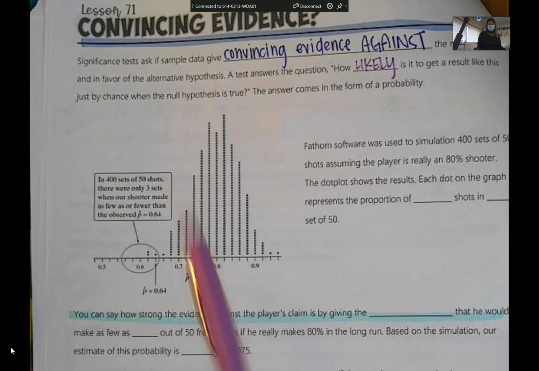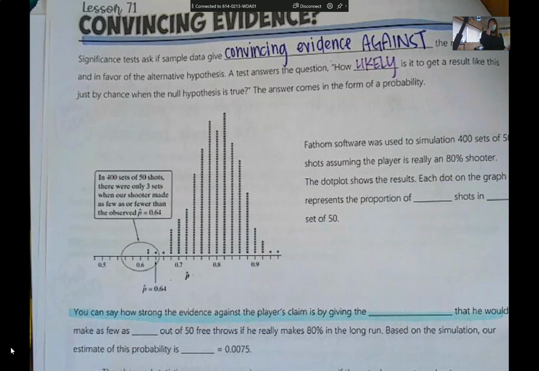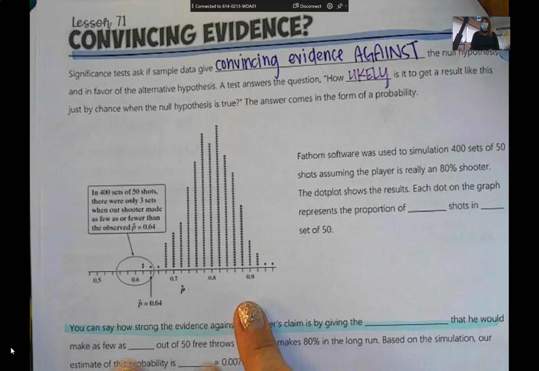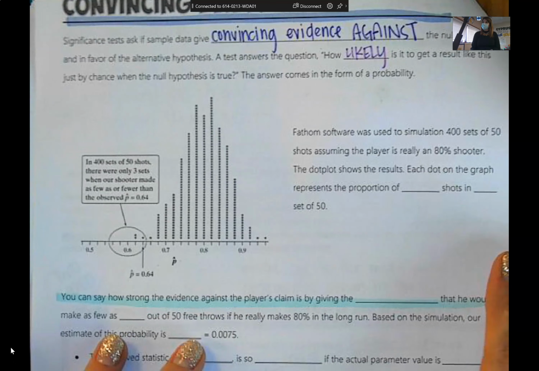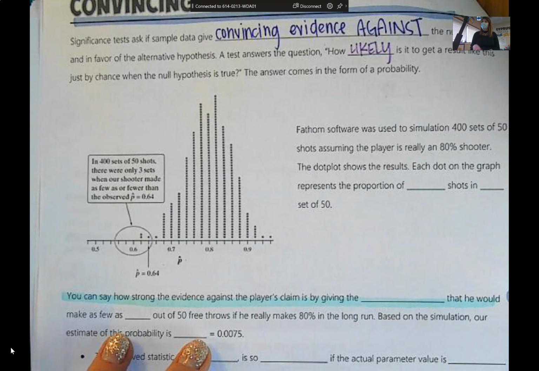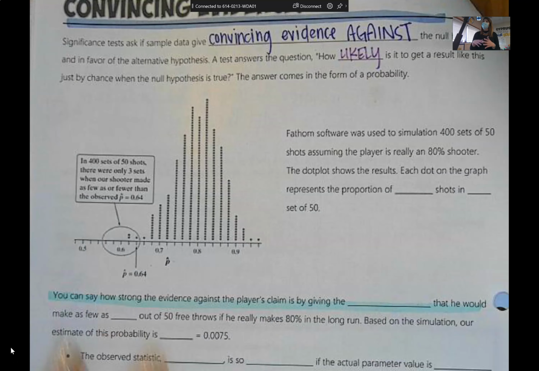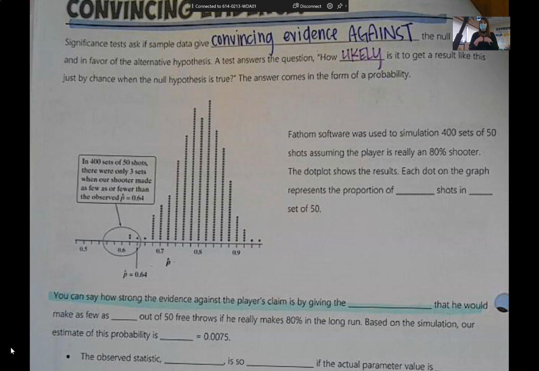So this is where we actually started the class. I'm pretty sure that this was the first lesson that we did. This idea was the first lesson. So this dot plot is a simulation of 400 sets of 50 shots of our basketball player.